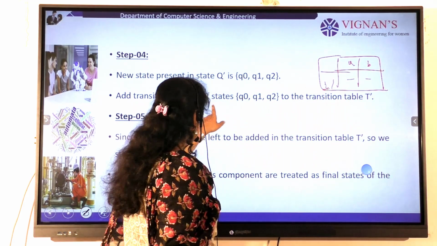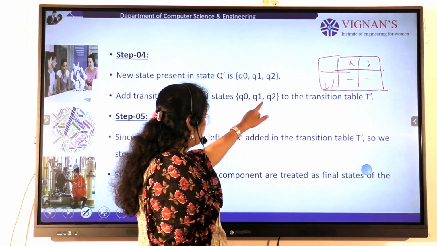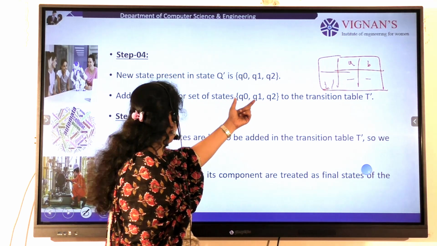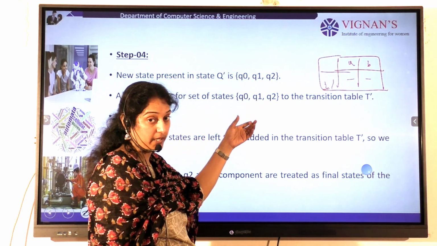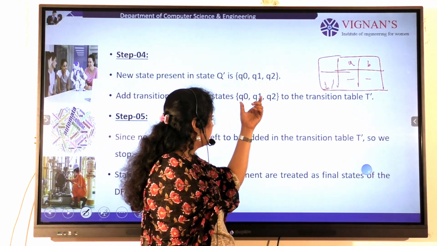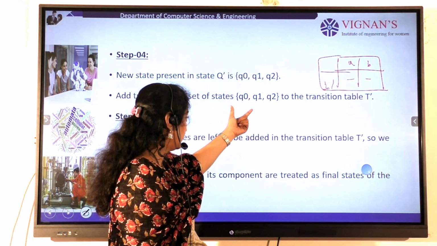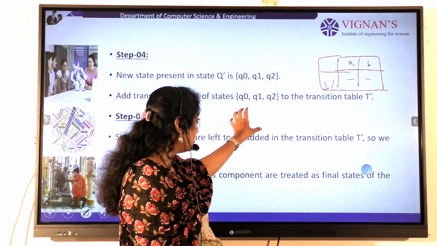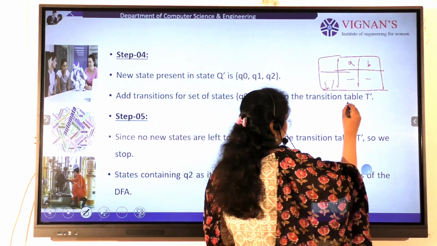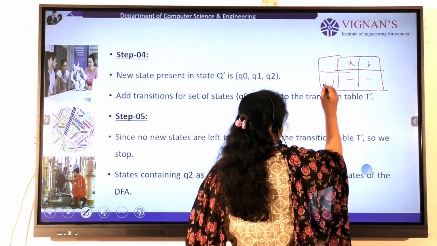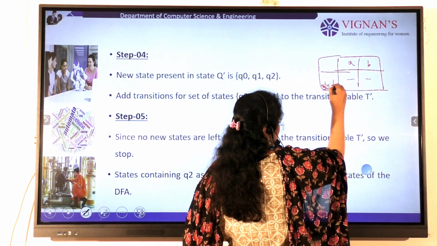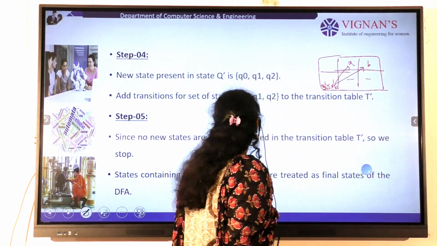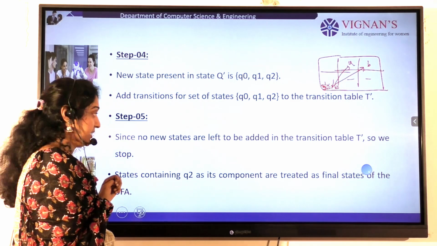Add the transition for the set of states Q0, Q1, Q2 to the transition table T dash. This Q0, Q1, Q2 is another new state for which the transition has to be found. Considering Q0, Q1, Q2 as the new state, we again find the entries under input symbol A and input symbol B in the transition table T dash.